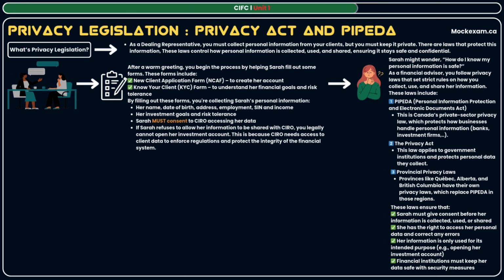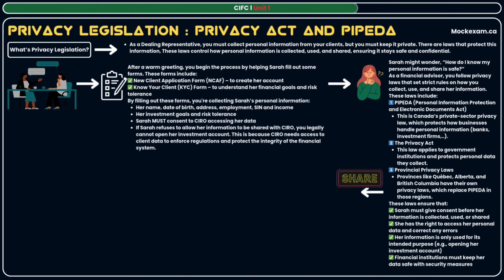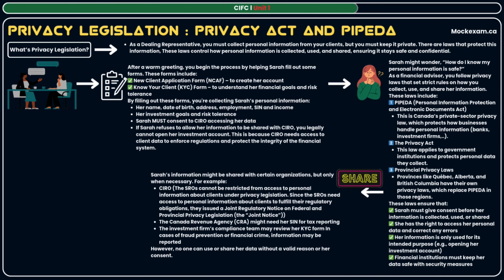Great. Now let's get to the sharing part of the information. Sarah's information might be shared with certain organizations, but not always, only when necessary. For example, what are those organizations?